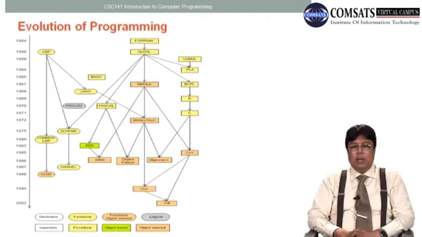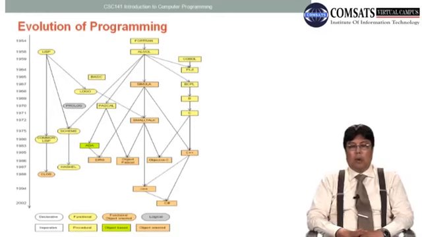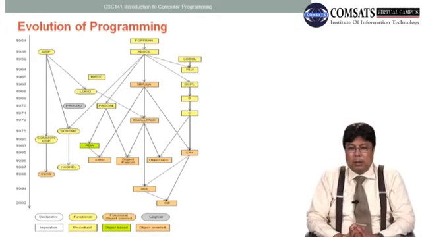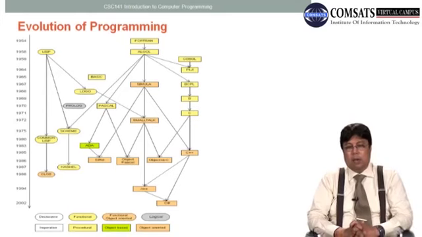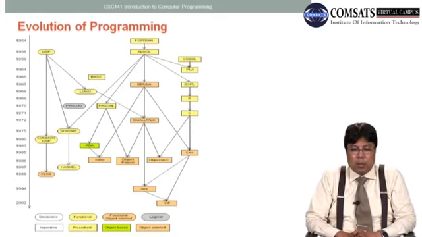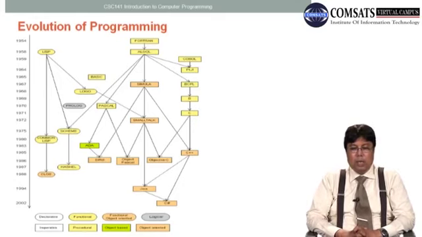So you can see from Fortran we got Algol, and from Algol we got BCPL, then B language, then C language, then the evolution came to C++. From C we produced object-oriented C, which also contains some features from Smalltalk.